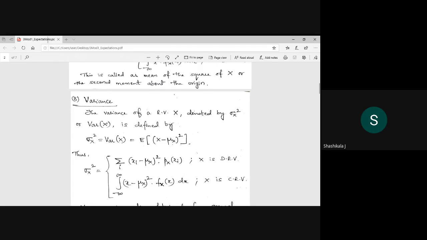Now I take the first value x1. Here it is 1 minus 3, so it is 2 square. That is how much your value varies from the mean value, squared. Why am I taking the square?